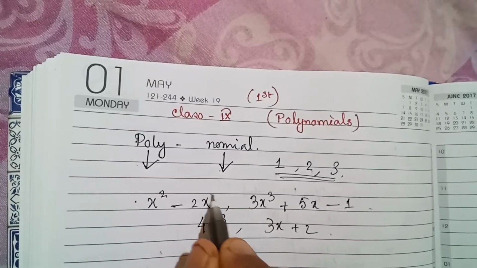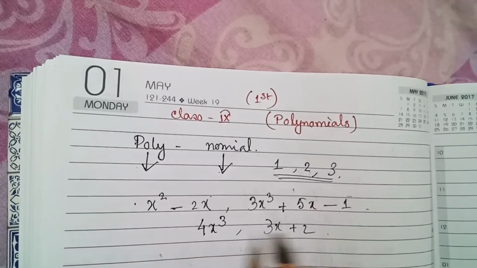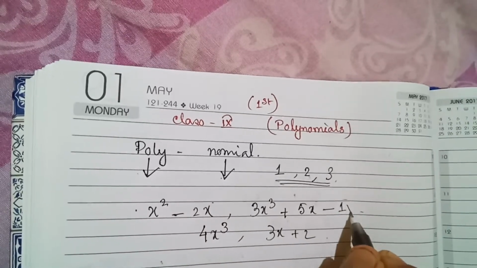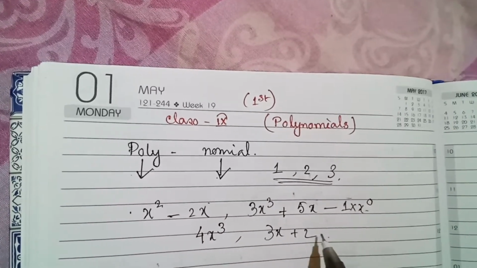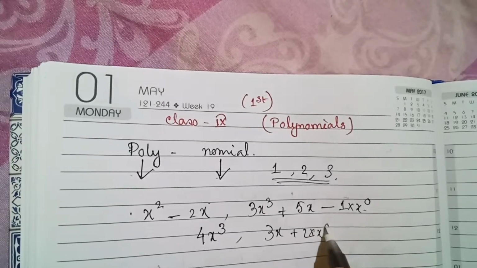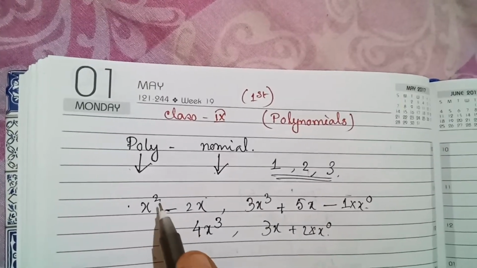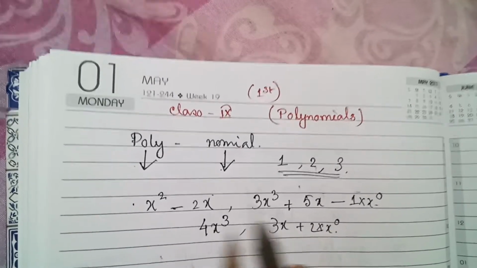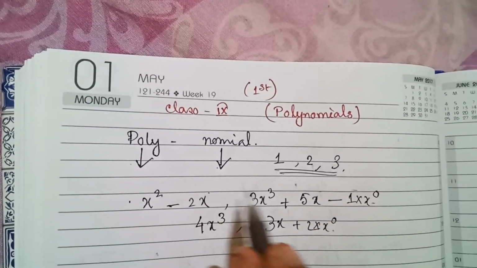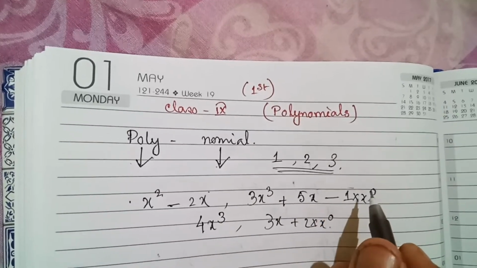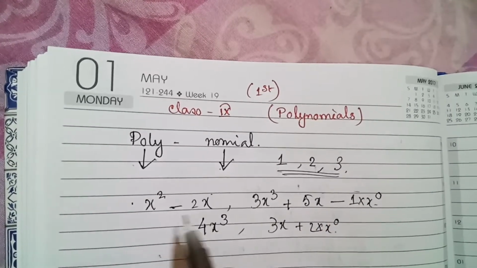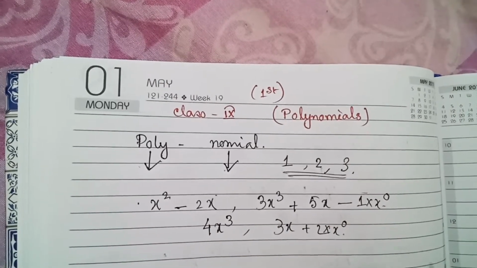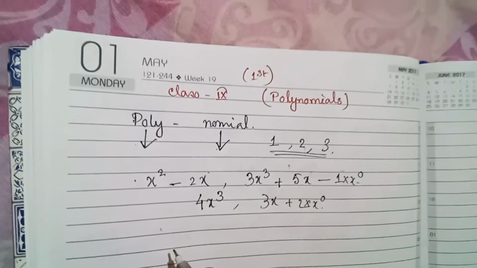Look at the powers of the variables. 1 means actually 1 into x to the power 0. 2 means 2 into x to the power 0. You can look at the powers. No power is negative. No power is a fraction. So all powers are either 0 or positive.